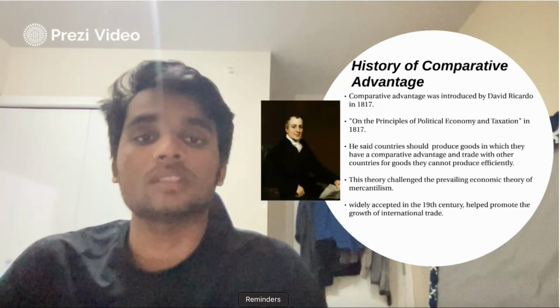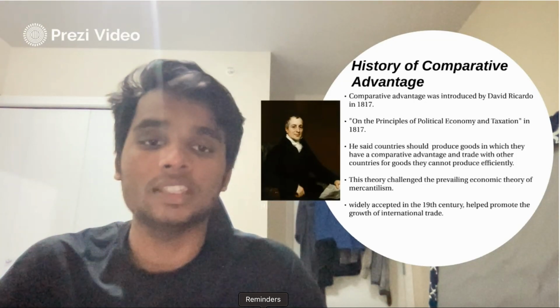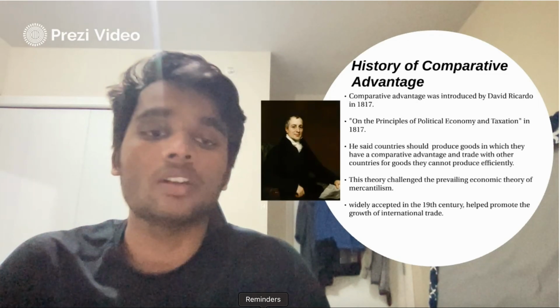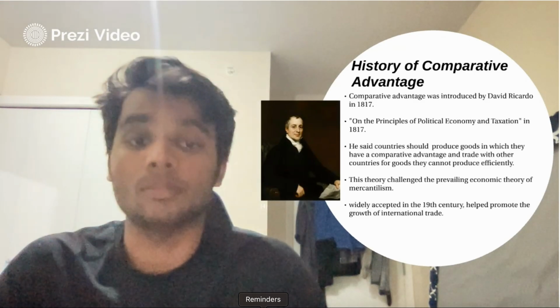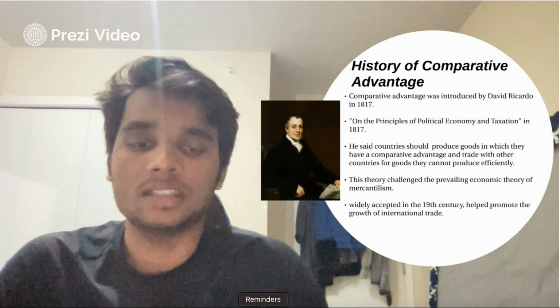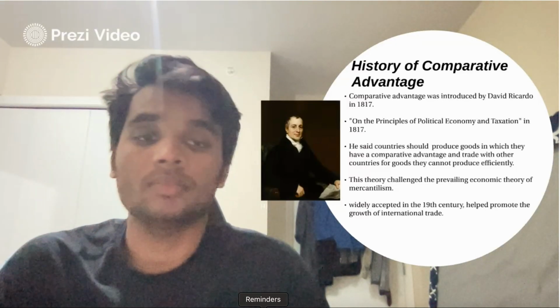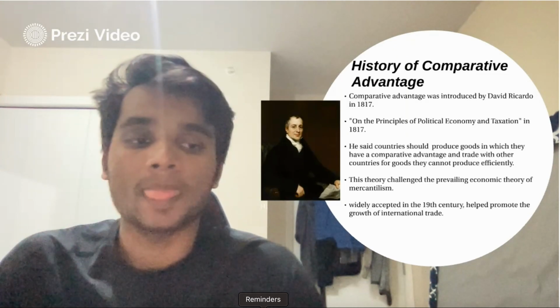If a country cannot produce a good efficiently, then it should just import the good. And this challenged the prevailing economic theory of mercantilism. It was widely accepted in the 19th century, and it helped promote international trade.